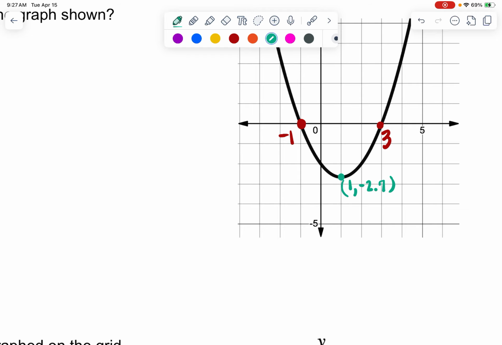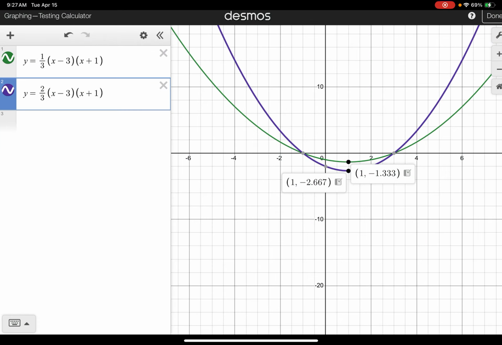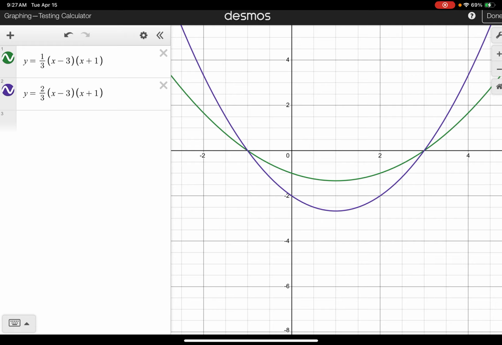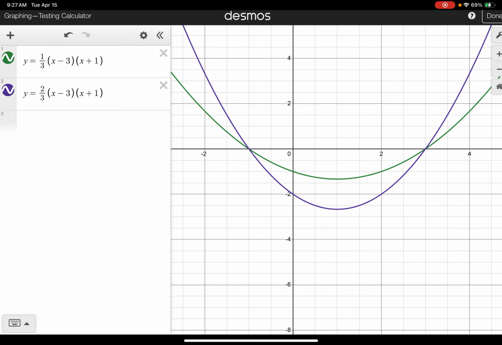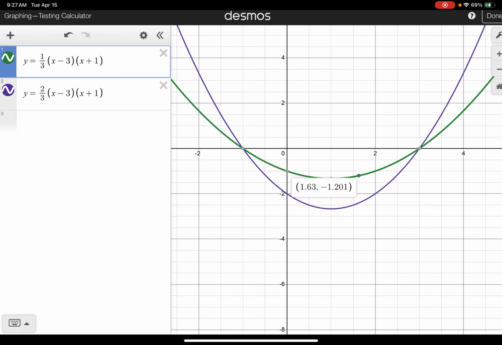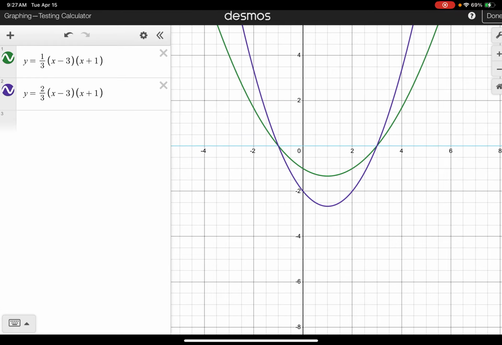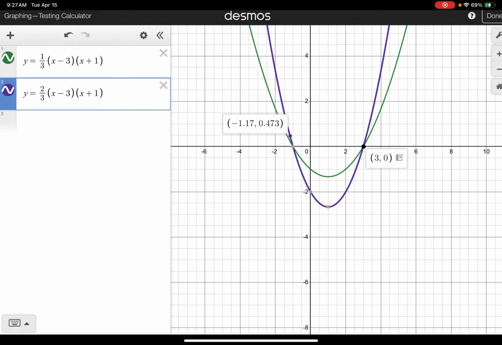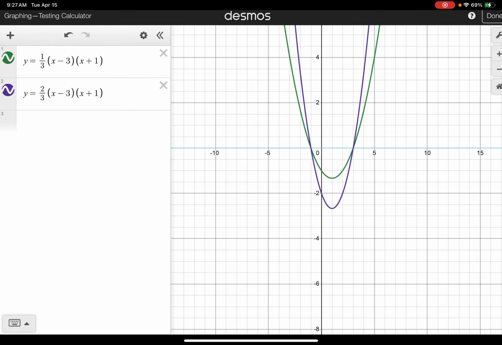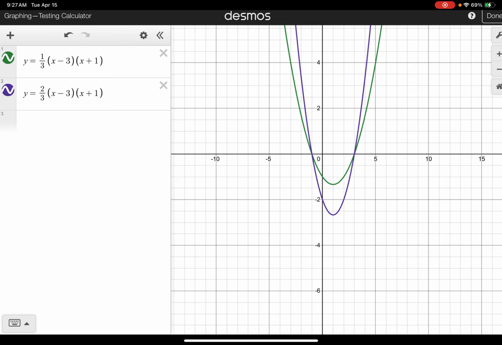So I need the graph that I just put on Desmos to have the same vertex. Let me kind of zoom in here. So I wanted 1 and -2. Look at that point right there, and then look at this point right here.